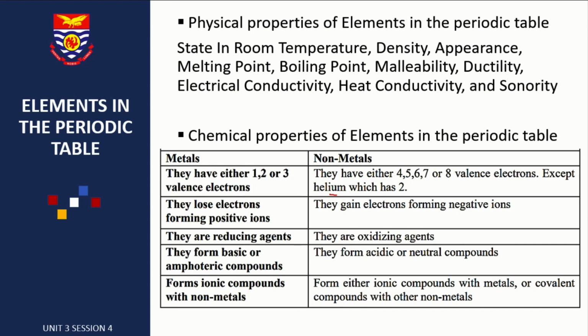The metals form basic or amphoteric compounds, and the nonmetals form acidic or neutral compounds. And lastly, metals form ionic compounds with nonmetals, whilst nonmetals form either ionic compounds with metals or covalent compounds with nonmetals.